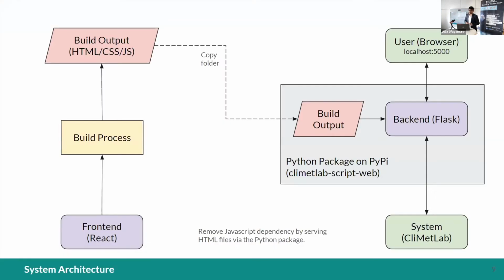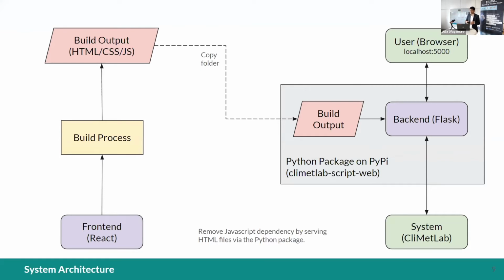So this is the system architecture. Because we wanted this to be just a Python project, we did not want the user to have any JavaScript dependency. They should not have to install a node server, for instance. So we created this front end, and then we created the build output, which is just your CSS, JavaScript, and HTML files.